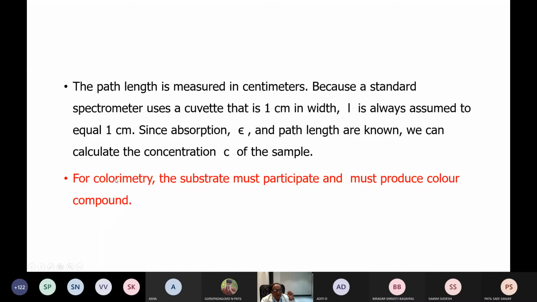And for colorimetry, the substrate must participate and must produce a colored compound. As I said earlier, in the colorimeter it should be in the visible range or visible color, so that only then can you measure things in the colorimeter.